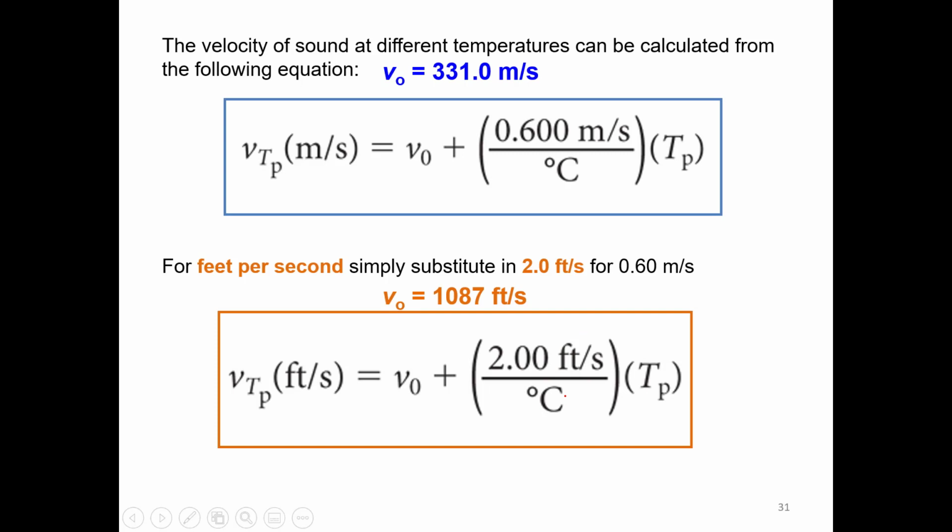And the velocity of the sound at 0 degrees Celsius in feet per second is 1087 feet per second, which corresponds to this value. Using this equation, we can calculate the velocity of the sound at any temperature, but in feet per second.